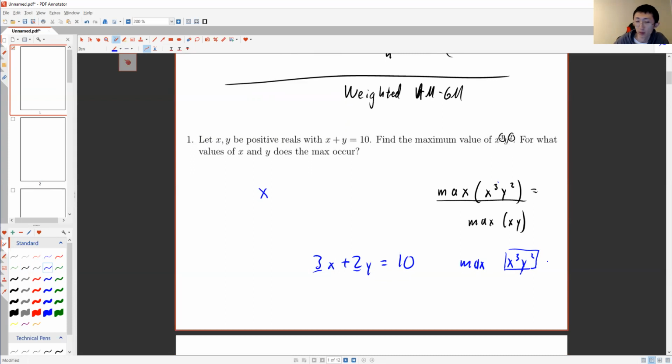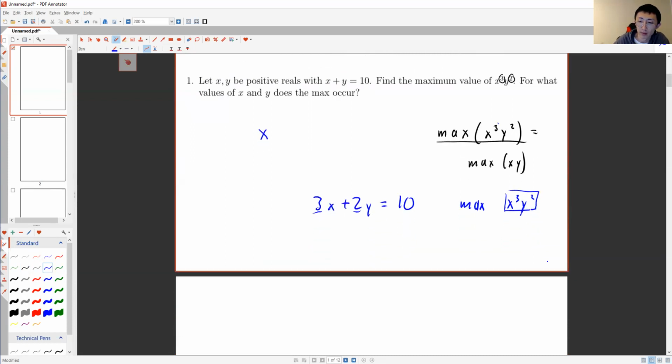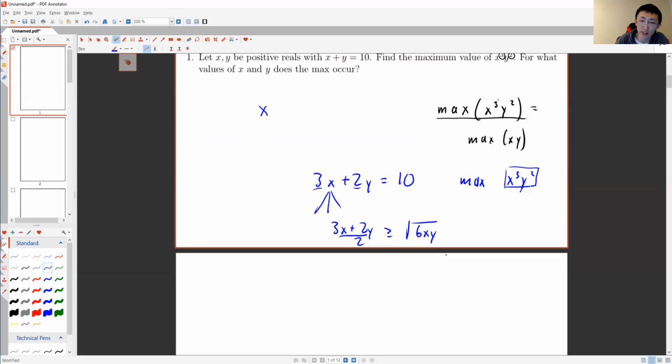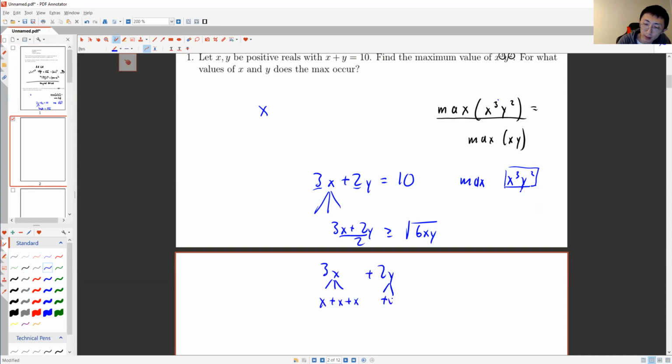So here, instead of doing AM-GM directly and saying that this is greater than whatever their product is, I see some suggestions in chat which say we can break the 3x up into x, x, and x, and the 2y as y and y.